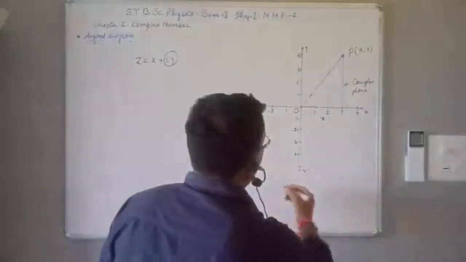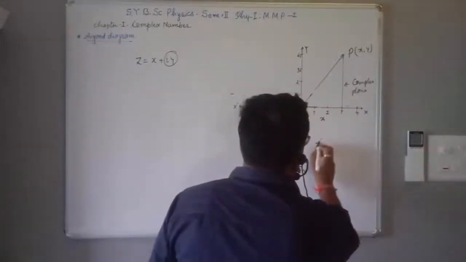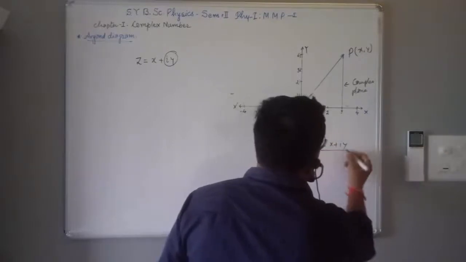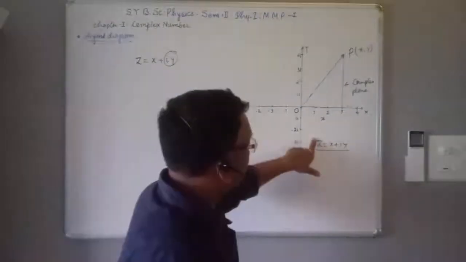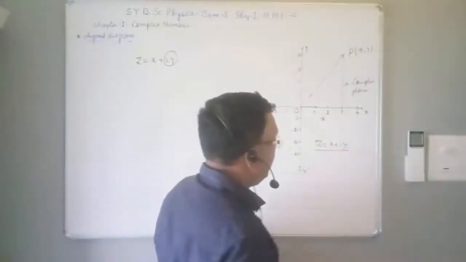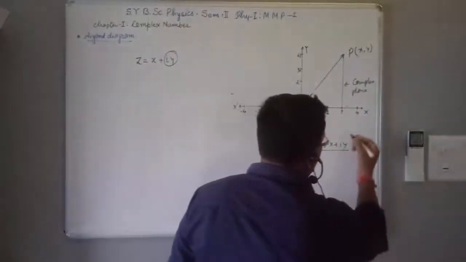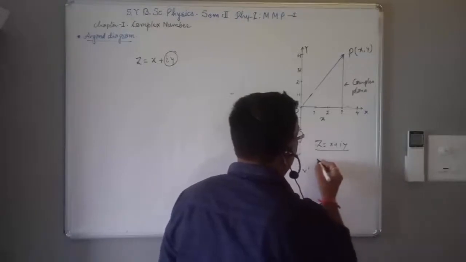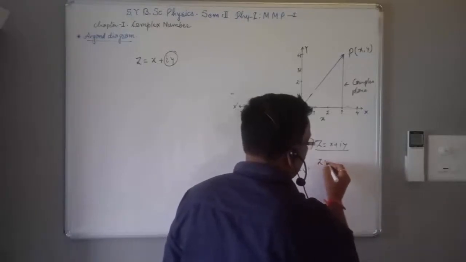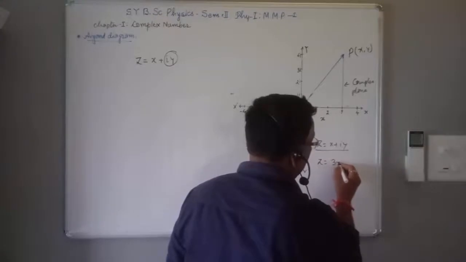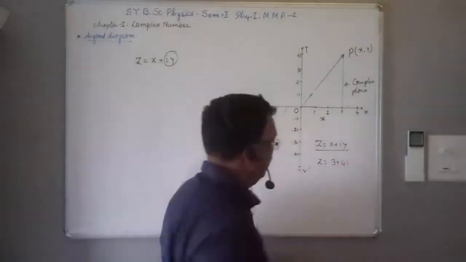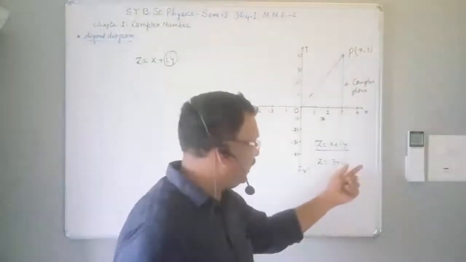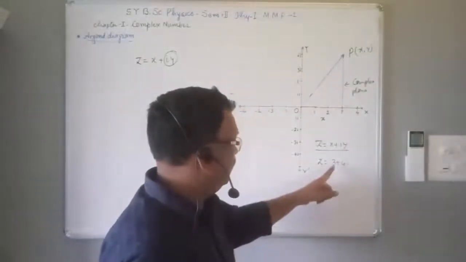In this figure, again, this x plus iy is the general form, but we are going to consider a simple example. Let us consider a complex number z is equal to 3 plus 4i. Here 3 is the real part of complex number and 4i is the imaginary part.